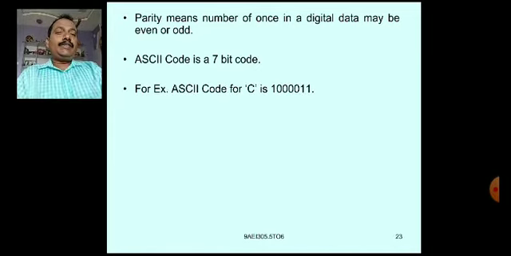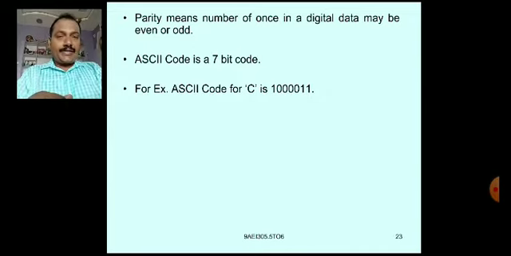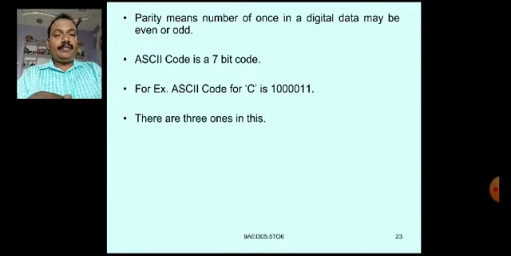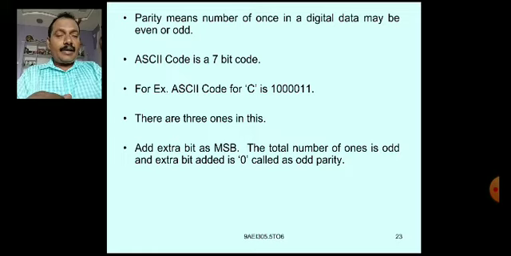ASCII code is a 7-bit code. For example, the ASCII code for C is 1000011. There are 3 ones in this, isn't it? The number of ones is 3.